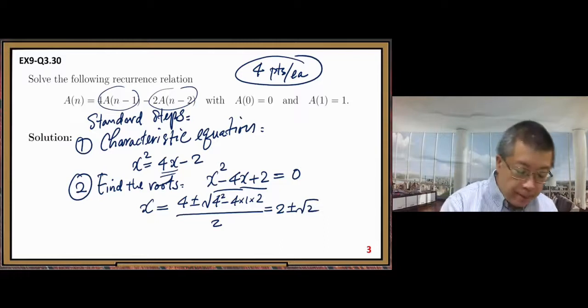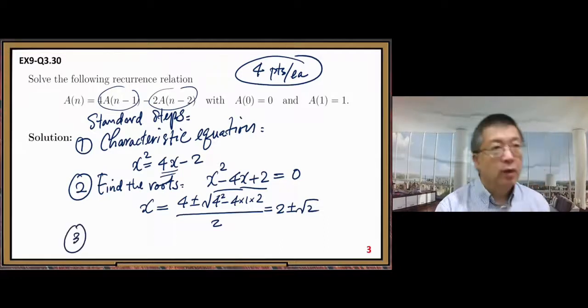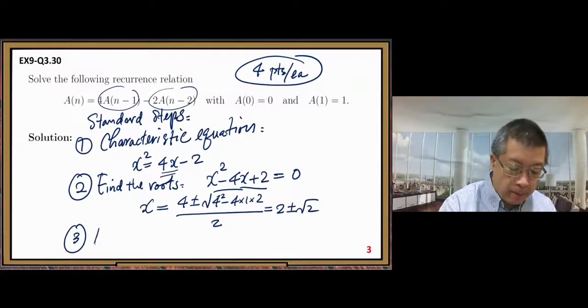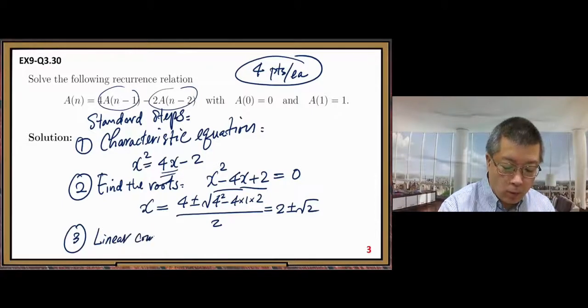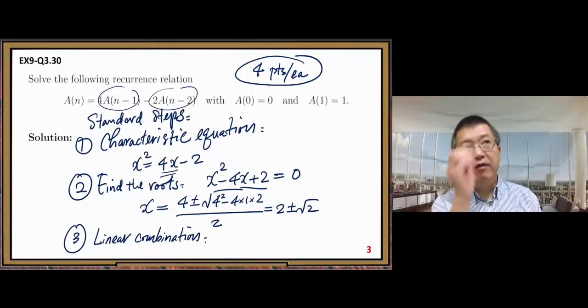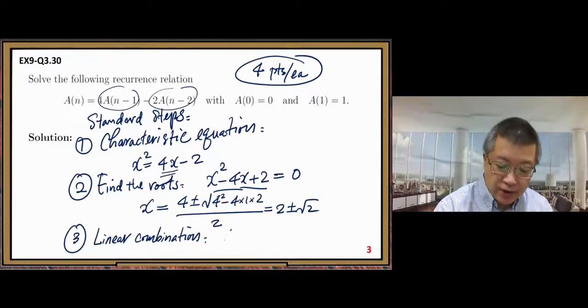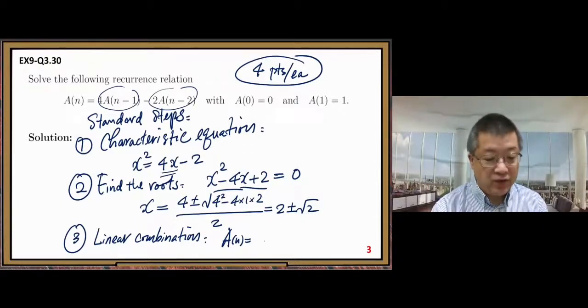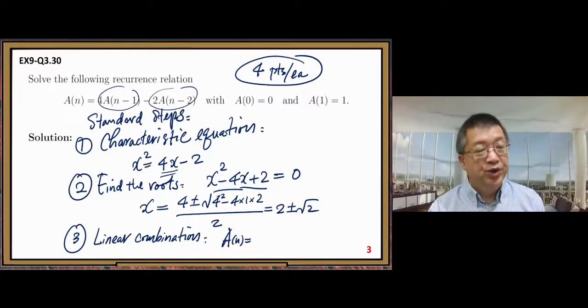Step 3, write a linear combination. Write the linear combination of the final solution. So a of n based on linear combination. Because we use the capital for the original function, so probably we use little a, b.